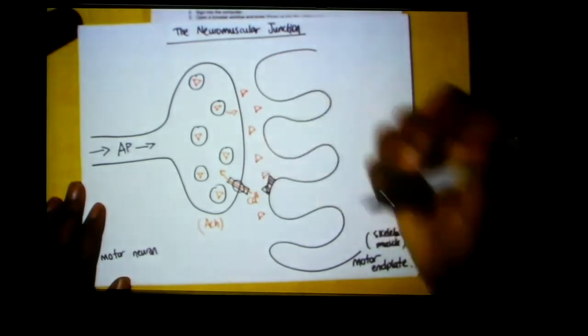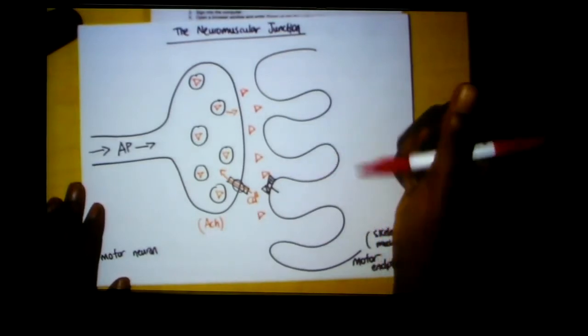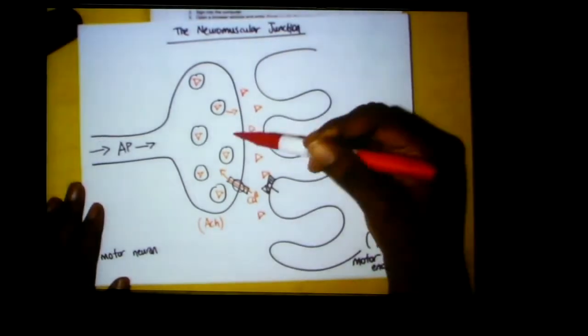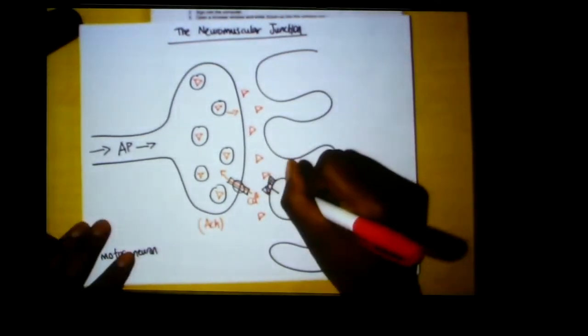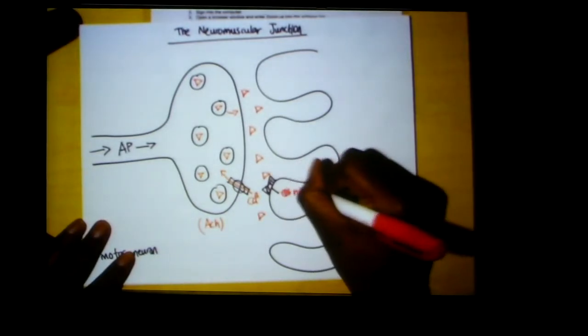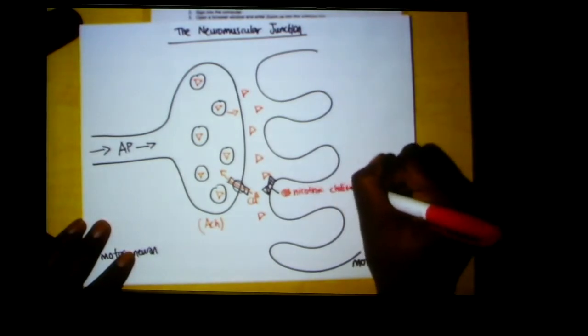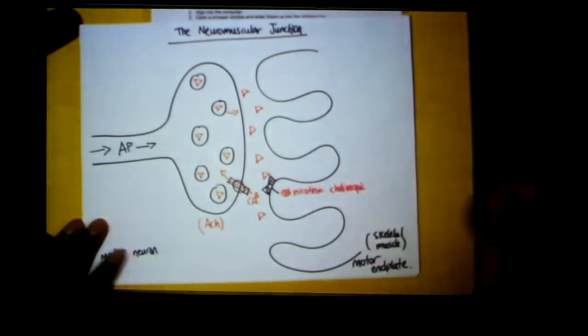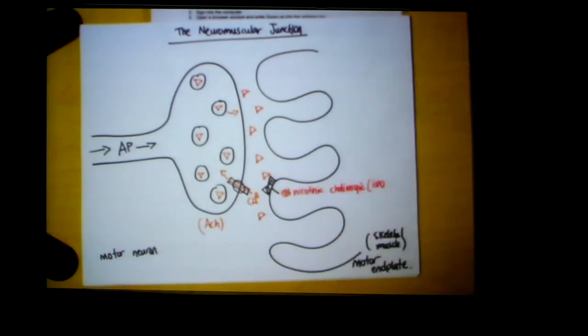Now, what type of receptor is this? If it's on skeletal muscle and it's binding acetylcholine, we know it's a cholinergic receptor, but is it fast or slow? It's fast. Good. So it's a nicotinic cholinergic receptor. Right? And I'm going to put in brackets here ionotropic, just so that we remind ourselves that this is a fast receptor.